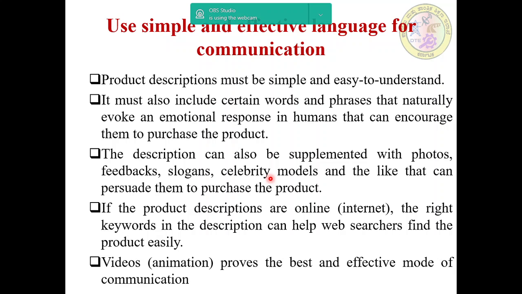The description can also be supplemented with photos, feedback, slogans, celebrity models, and the like that can persuade them to purchase the product. If the product descriptions are online, the right keywords in the description can help web searchers find the product easily. And then videos or animations provide the best and most effective mode of communication nowadays.